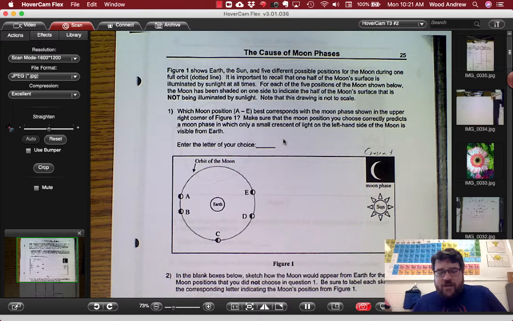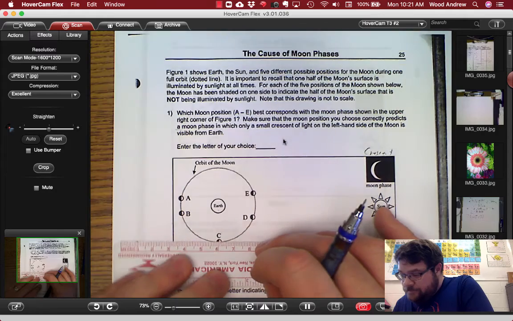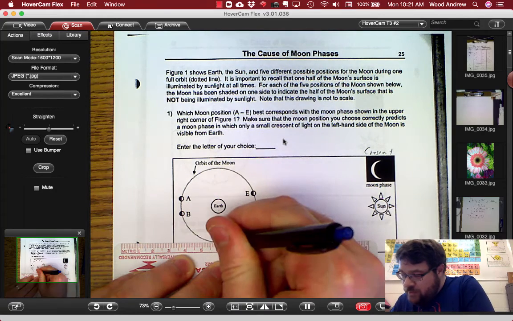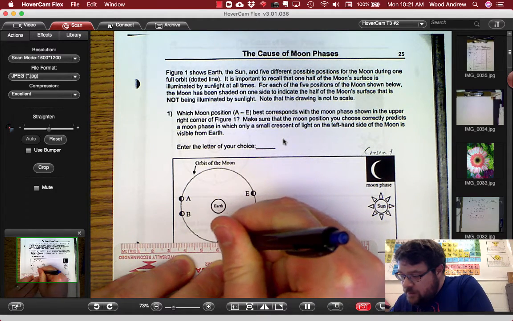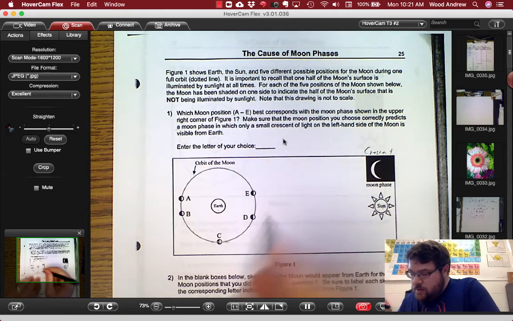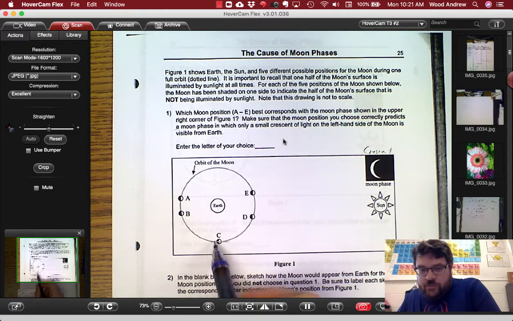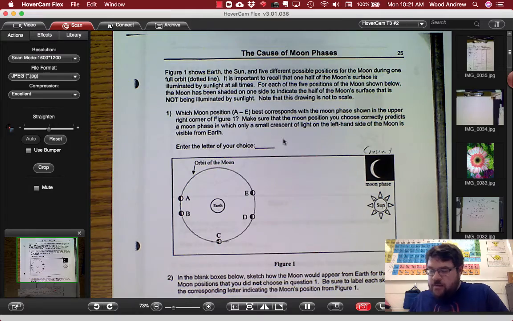And the way to figure it out is, remember, you see the half of the moon that is facing Earth. So if you take, say, position C, and I look at that, I'm going to see the half of the moon that's facing the Earth. So which half is that?